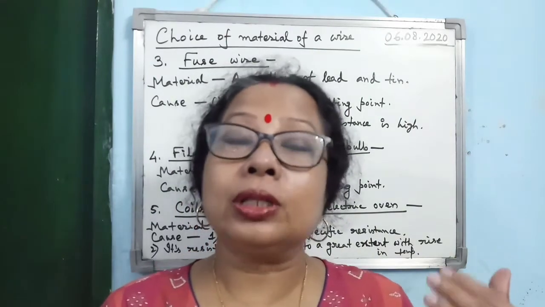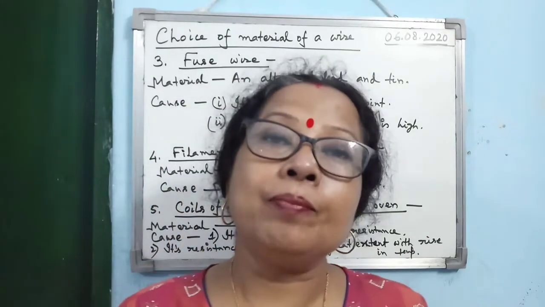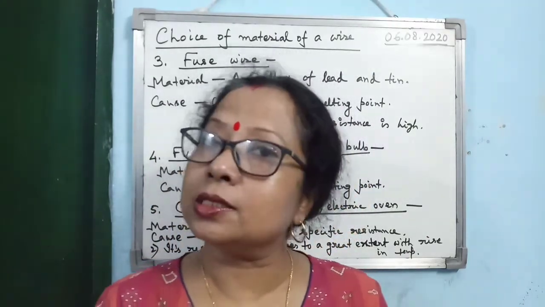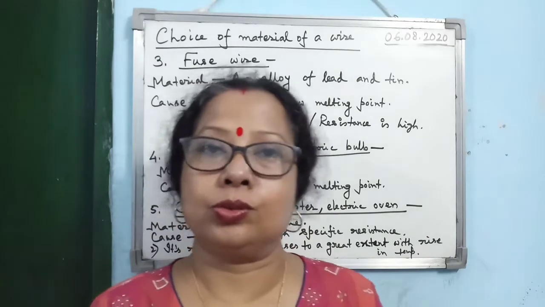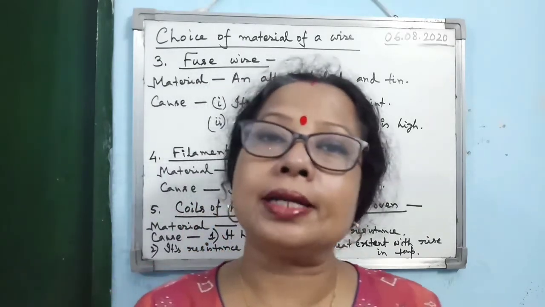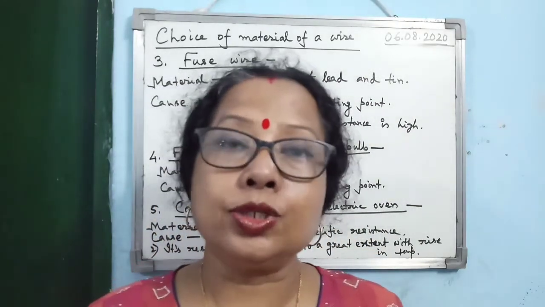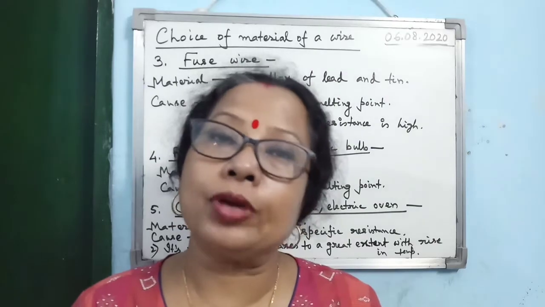So the material used to make the filament is such that a lot of heat is produced, but still it will not melt, unlike a fuse. Tungsten has a high melting point, so tungsten is chosen to make the filament of an electric bulb.